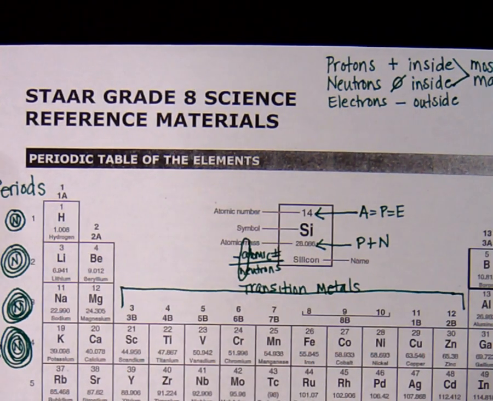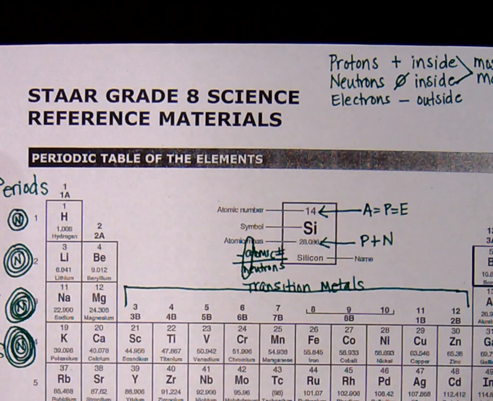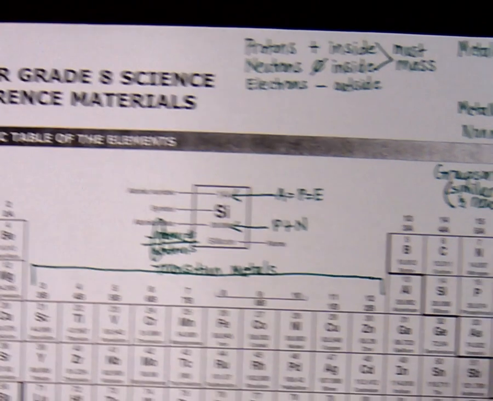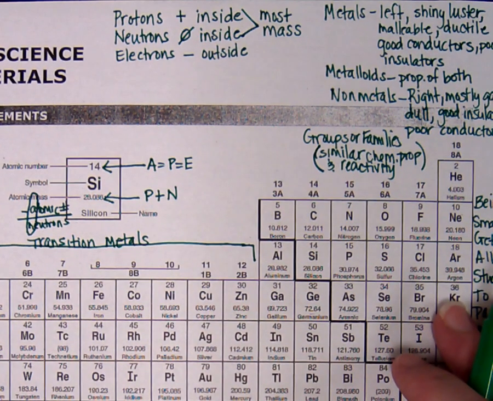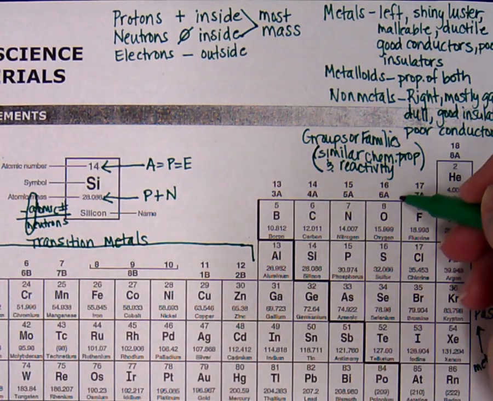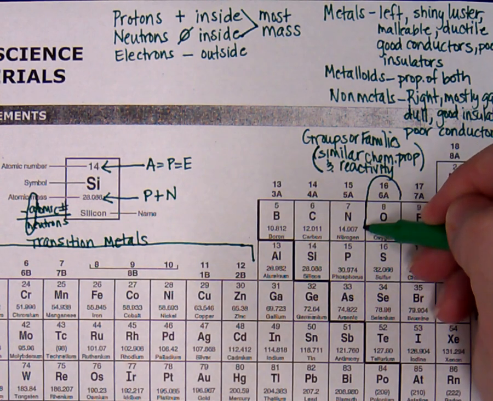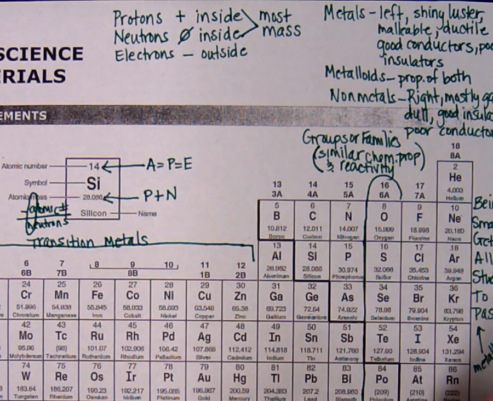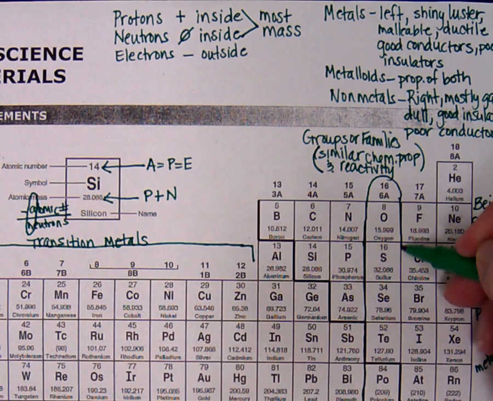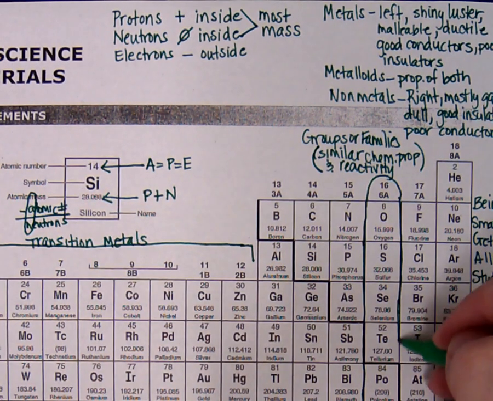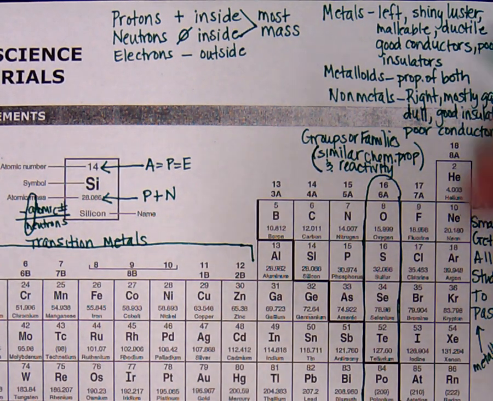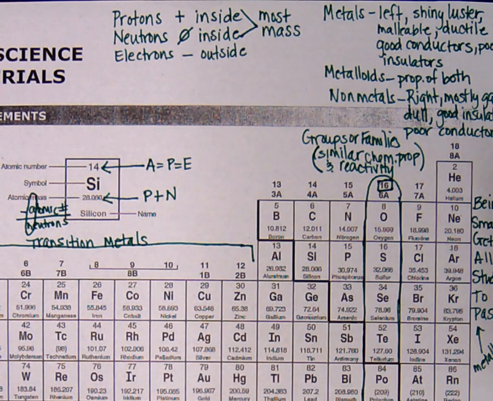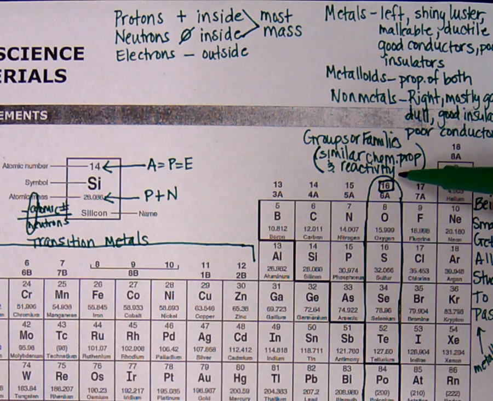So now we're going to come over here, and we are going to circle, just put a circle around one group, so that way you know that we're talking about groups. And the group number, put a box around the group number. So 16 is the group number.